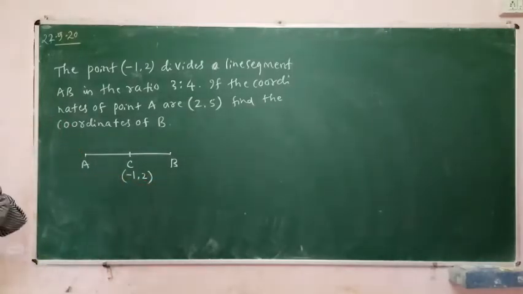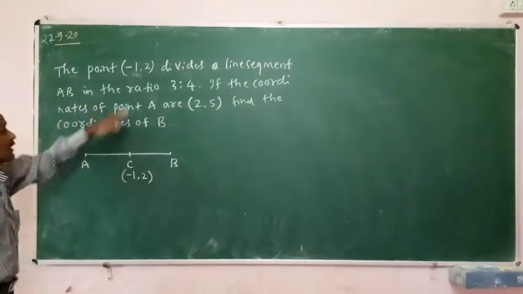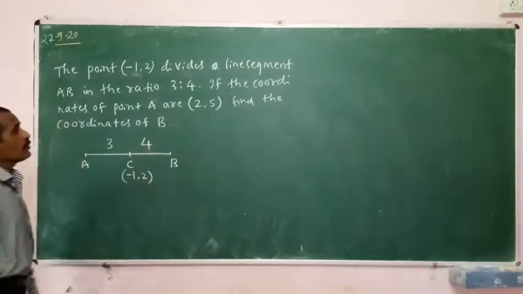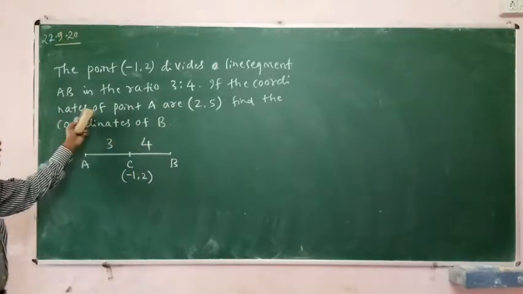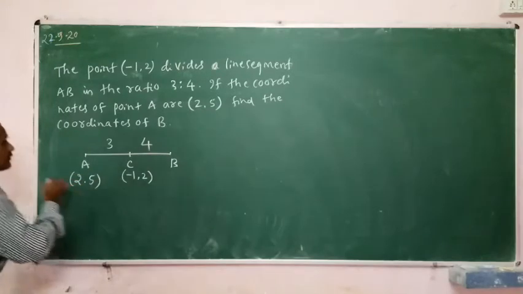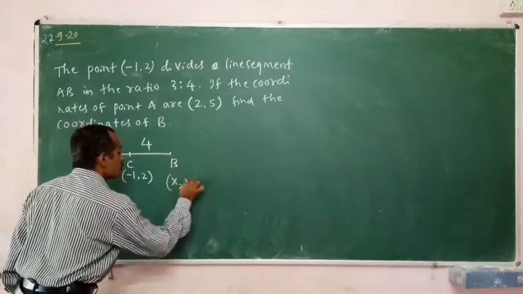By reading the sentence you will understand. A point divides a line segment in the ratio 3:4. If the coordinates of point A are (2, 5), find the coordinates of point B, (x2, y2).